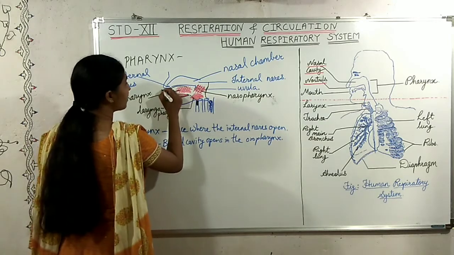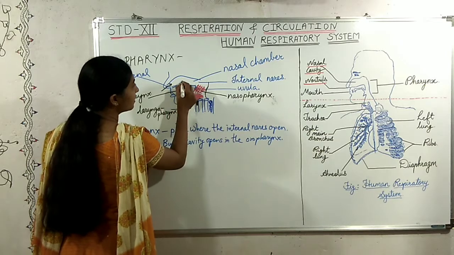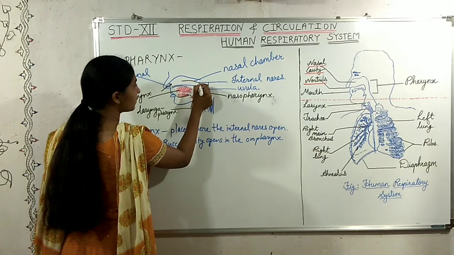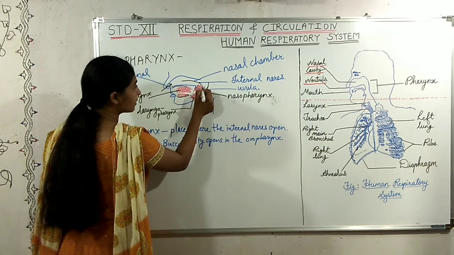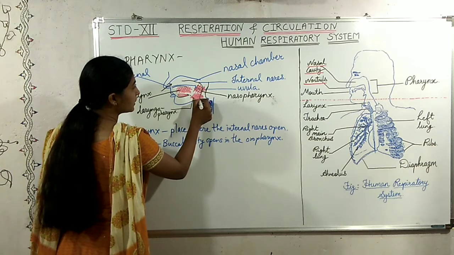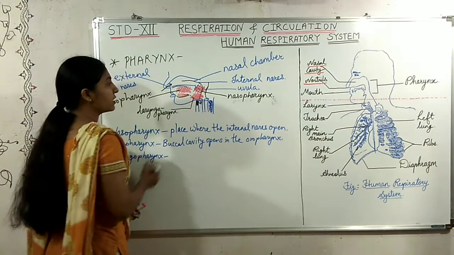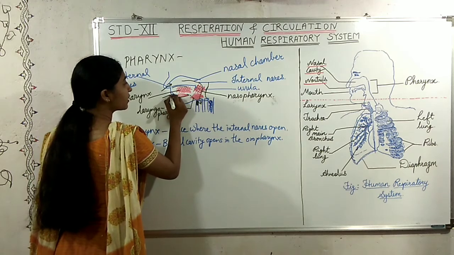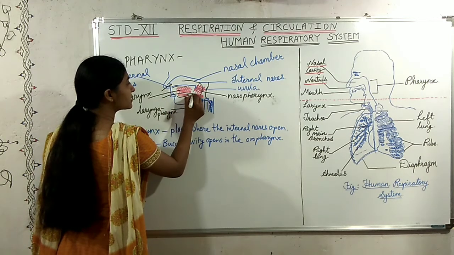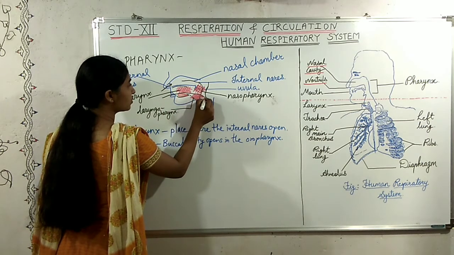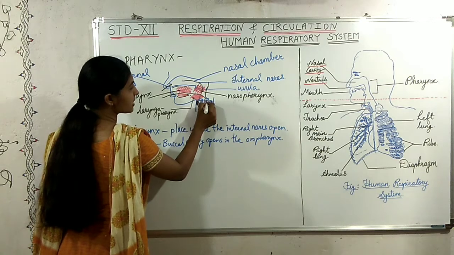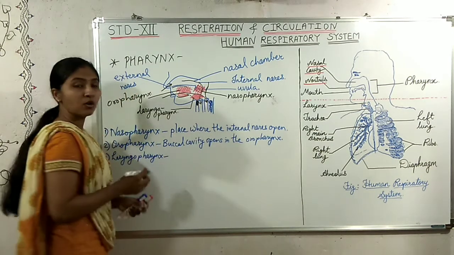So now the air is taken in, and from the internal nares this air comes through the nasopharynx and enters the trachea, and the food is taken from the mouth and passes through the laryngopharynx and enters inside the food pipe.